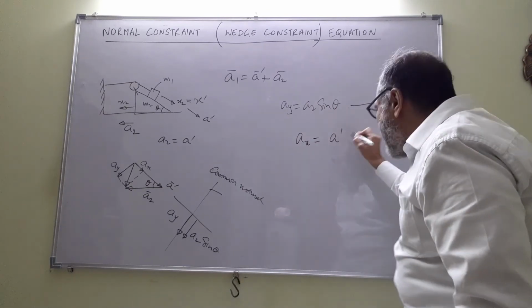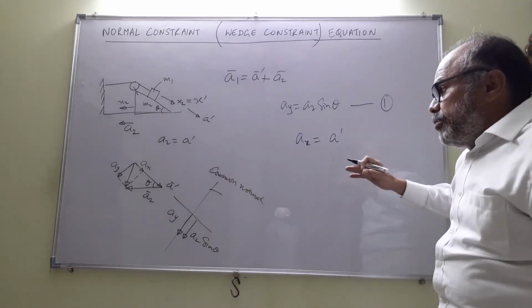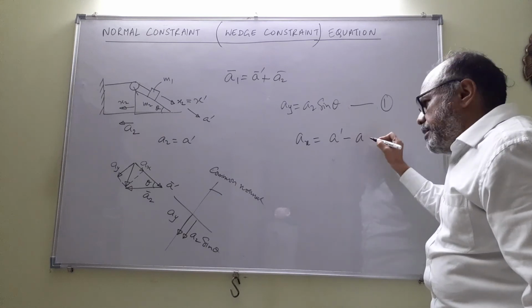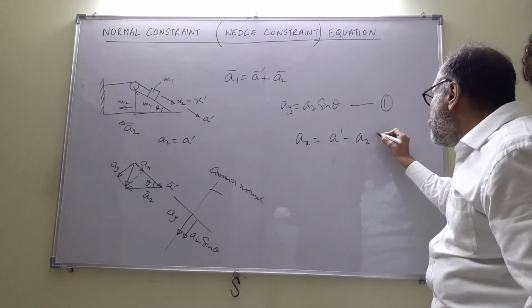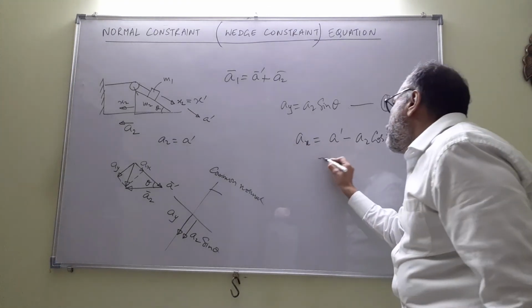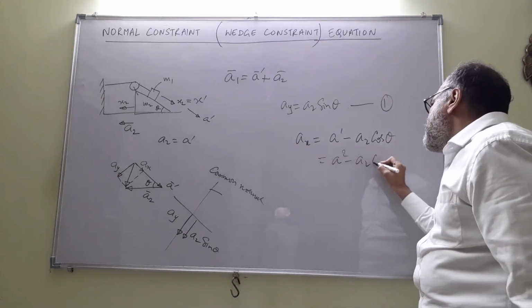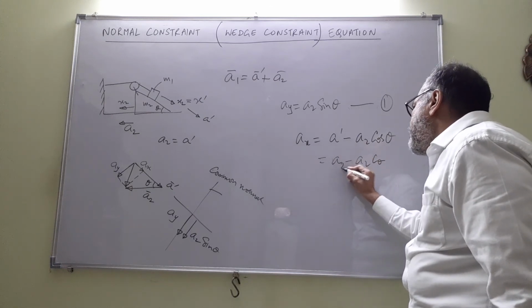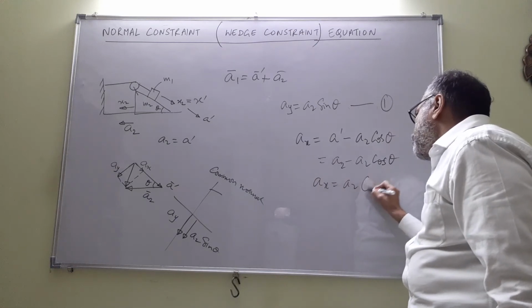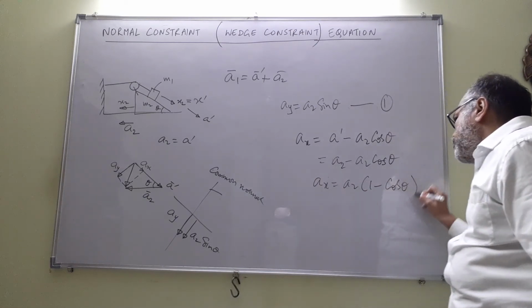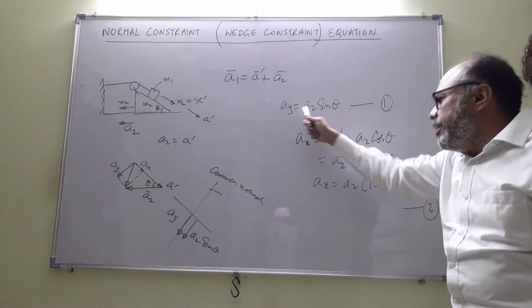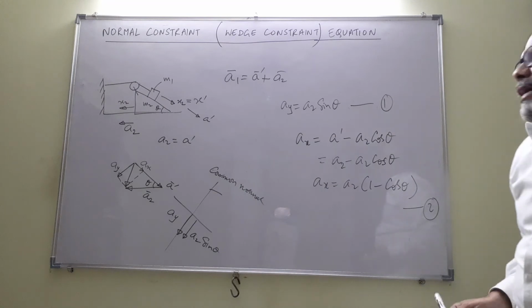But vectorially a2 cos theta is opposite to ax, so we put it as minus a2 cos theta. And a dash we know is a2. So this would be a2 minus a2 cos theta. That gives ax as a2 into 1 minus cos theta. That is the other equation. So we have the equation for ay, we have the equation for ax.